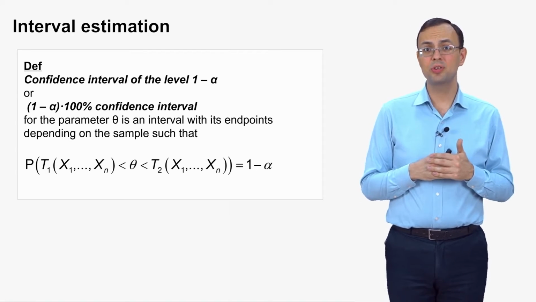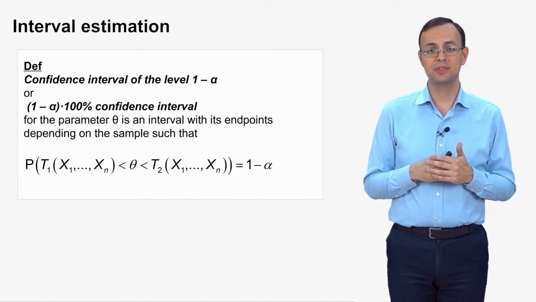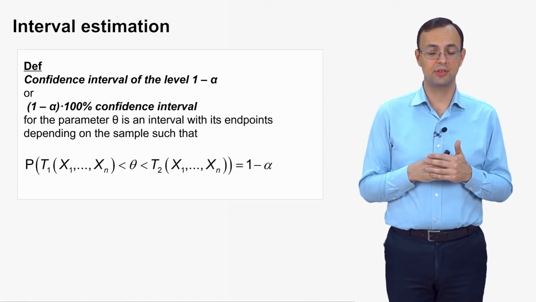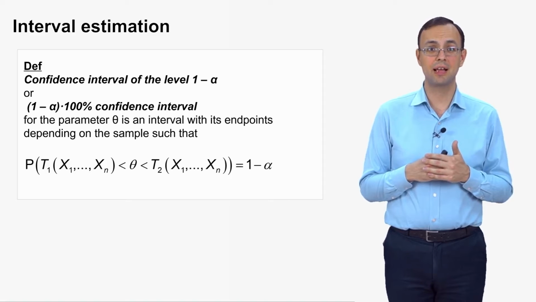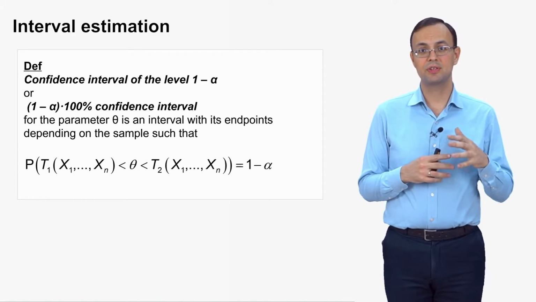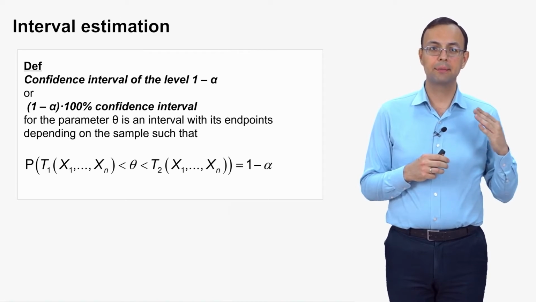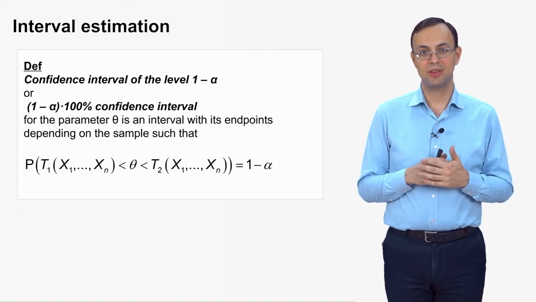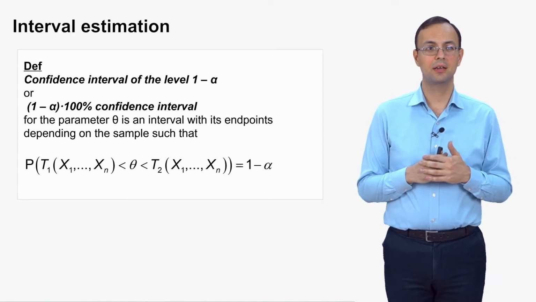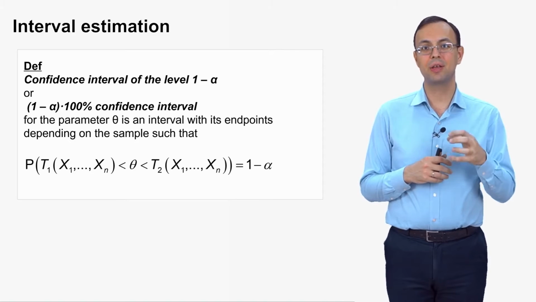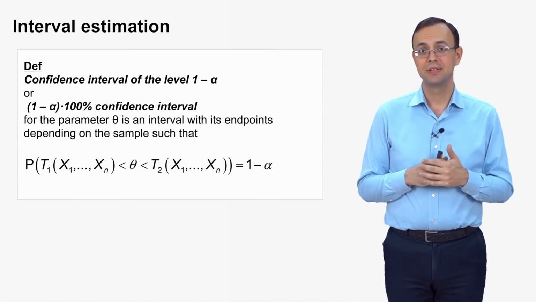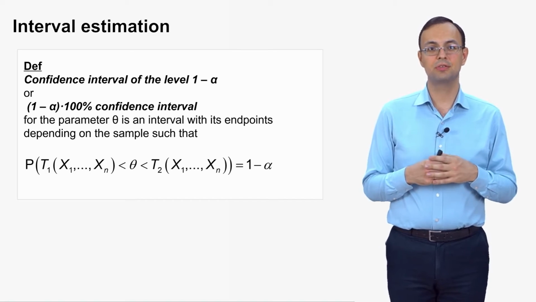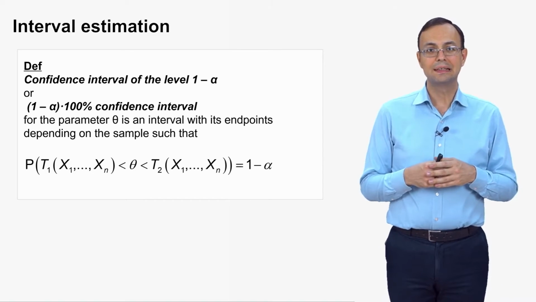Unlike the point estimators, for confidence intervals we don't have a universal method, a universal algorithm to derive a formula. For point estimators, we have the maximum likelihood method that can be used to derive the formula of an estimator. Unfortunately, for interval estimators, we do not have such a method.